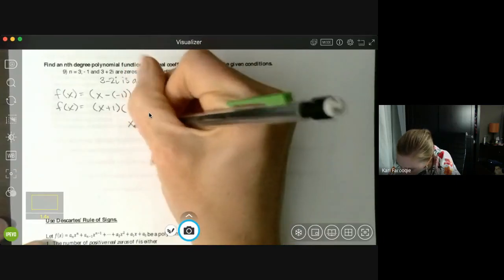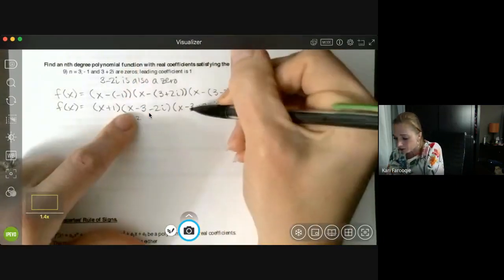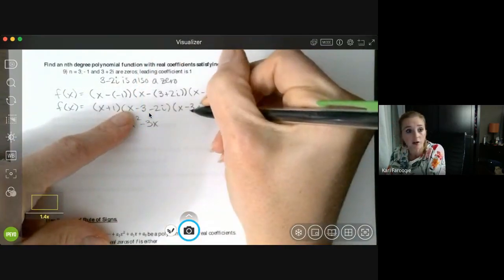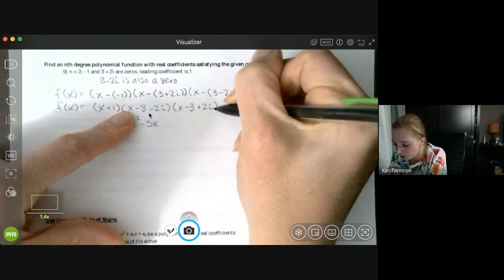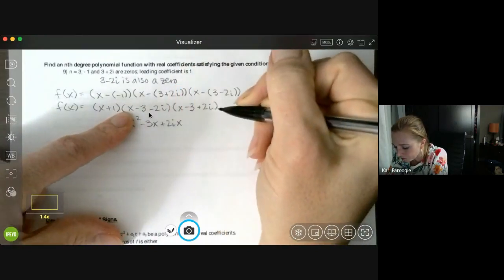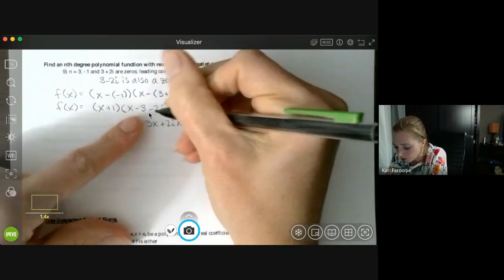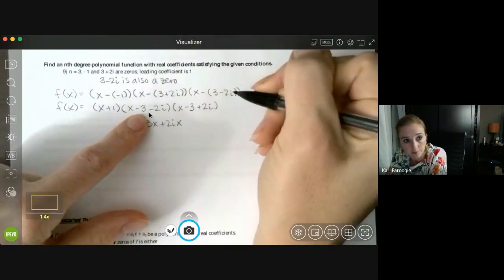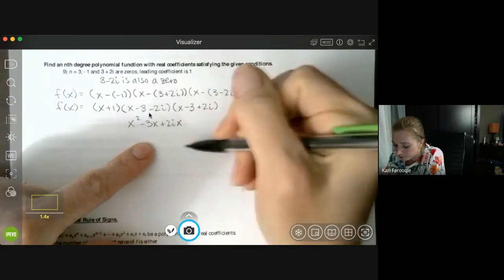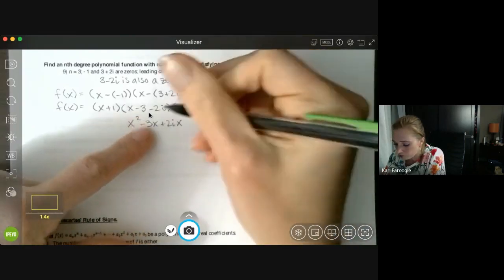X times x is x squared. X times -3 is -3x. And then x times 2i is plus 2ix. And then I'm going to go ahead and work with the -3. I usually do this vertically, but in this case, I'm going to do it horizontally.